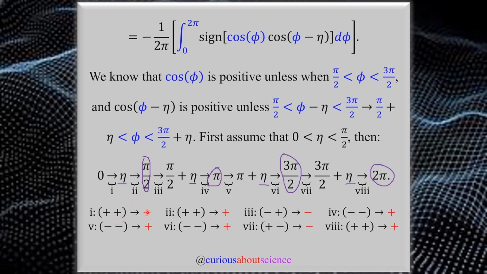Once you go through and see what happens with the product inside here, with plus plus, plus minus, whatever combinations they are for their arguments, we can see that the totals from their products are going to be positive, positive, negative, positive, positive, positive, negative, positive. Cool, no big deal, just very time consuming and chunky to set these up. Once you get this, we can plug these results back into the integral, since we can split up the integral by segmenting the bounds on it. So let's see what that looks like.